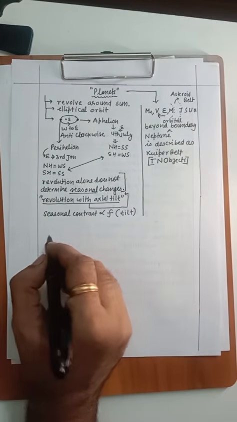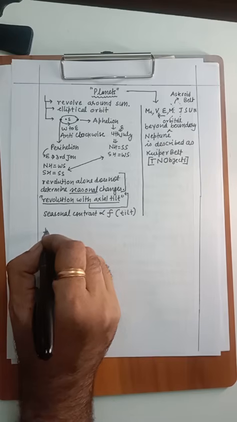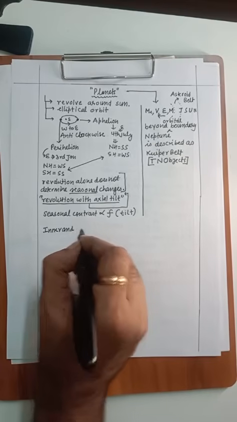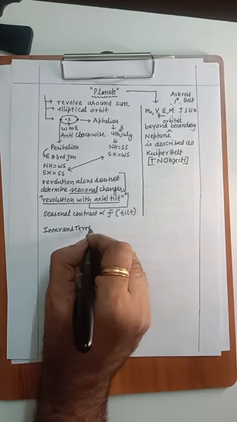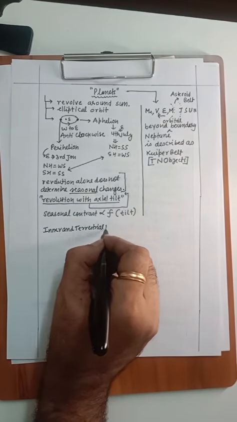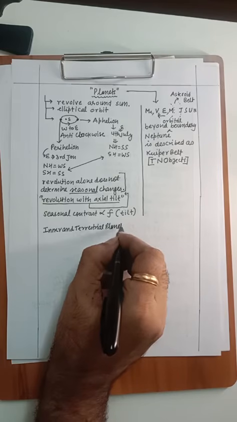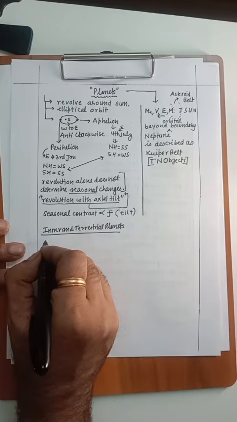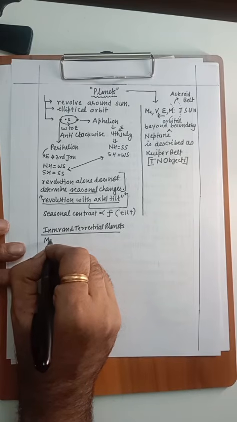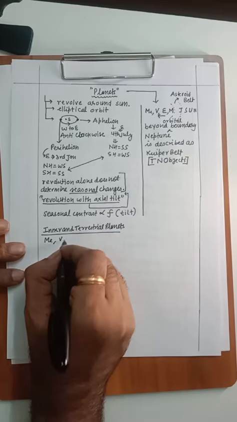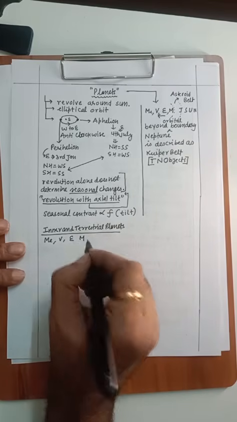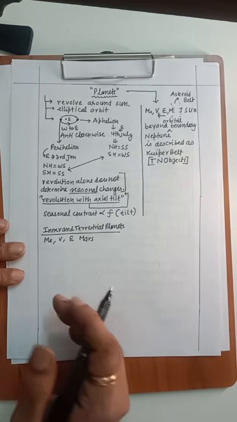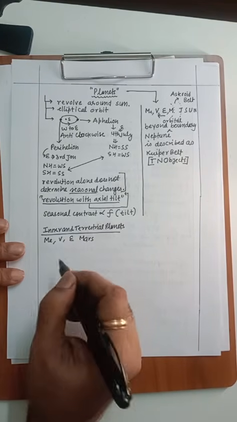Planets are classified into two categories. Inner, or terrestrial, planets: Mercury, Venus, Earth, and Mars are described as inner planets. These are close to the Sun in our solar system.